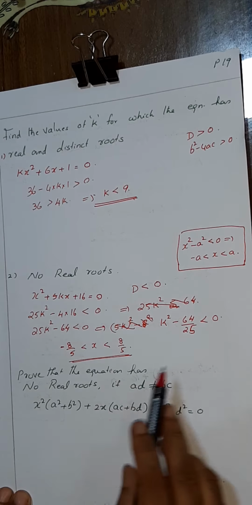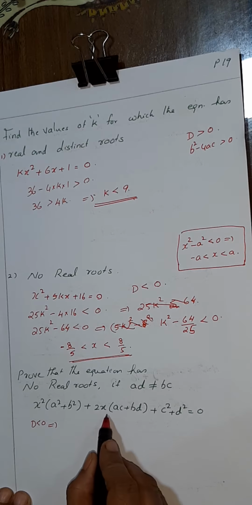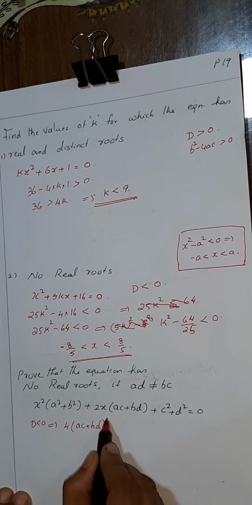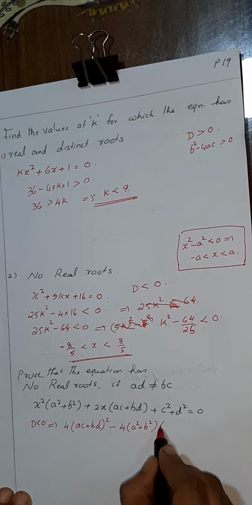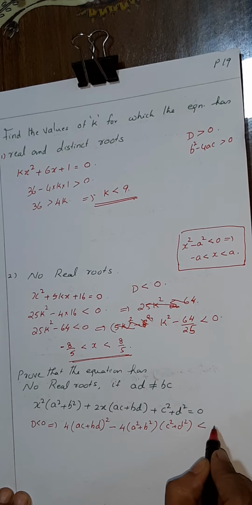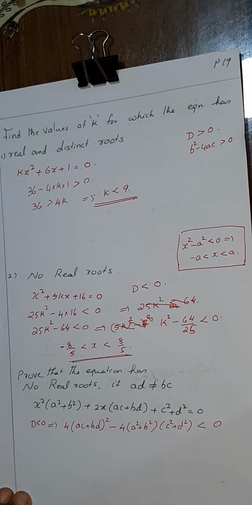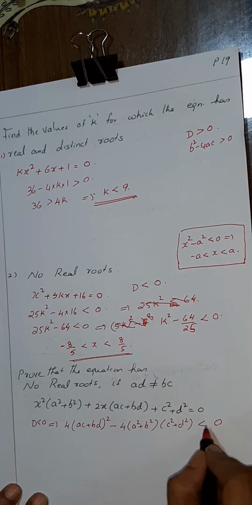So if there are no real roots, D is less than 0. b squared minus 4ac will become 4 into (AC plus BD) the whole squared minus 4 into (a squared plus b squared) into (c squared plus d squared) is less than 0. So we have to prove this is less than 0.